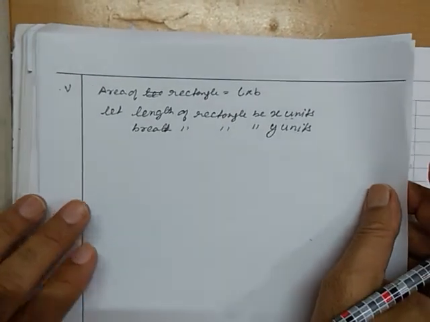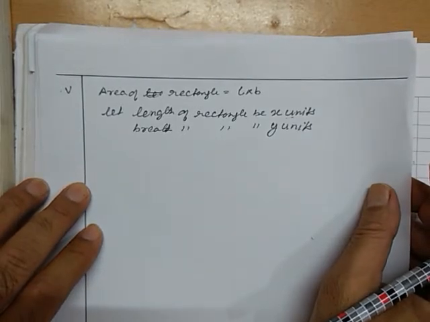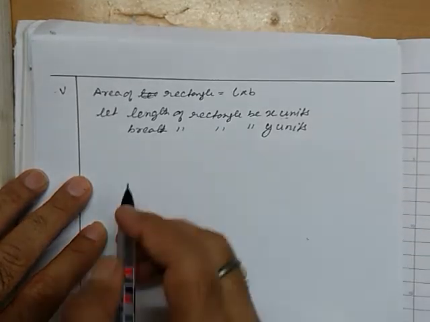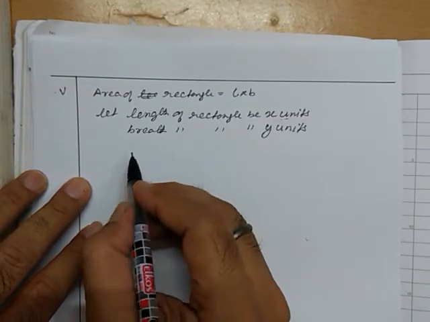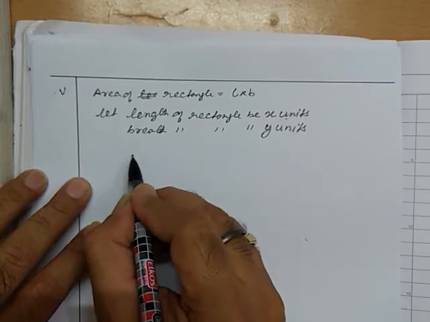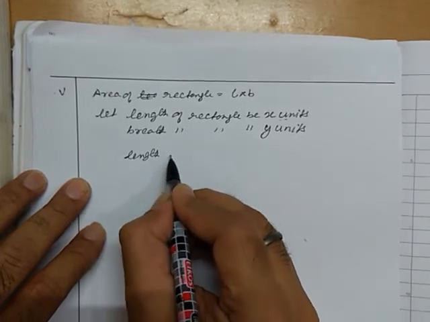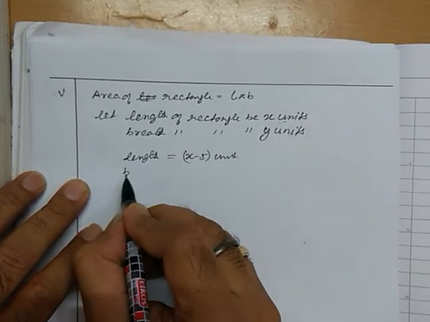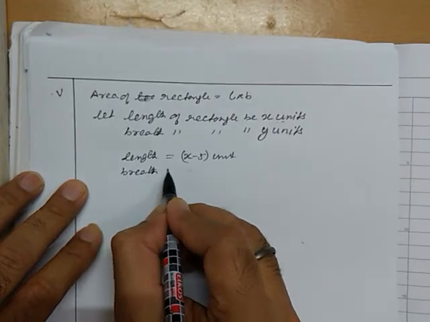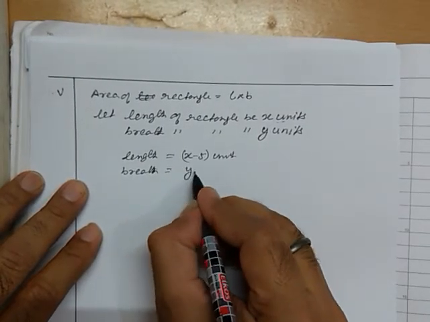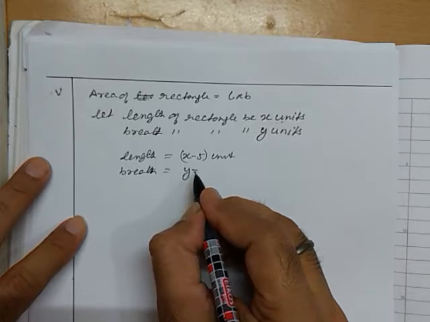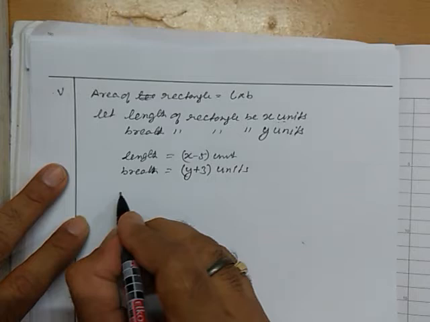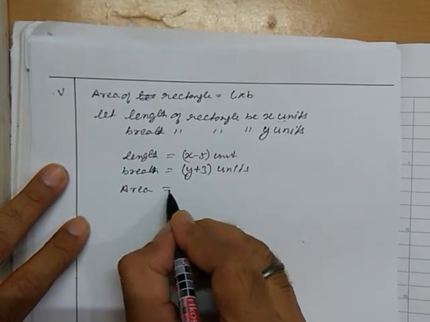Now, the area of the rectangle gets reduced by 9 square units, so we can frame it. When the length is reduced by 5 units, length will be x minus 5 units, and breadth is increased, so y plus 3 units.